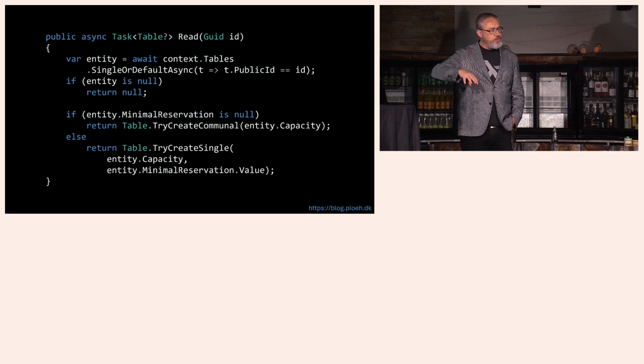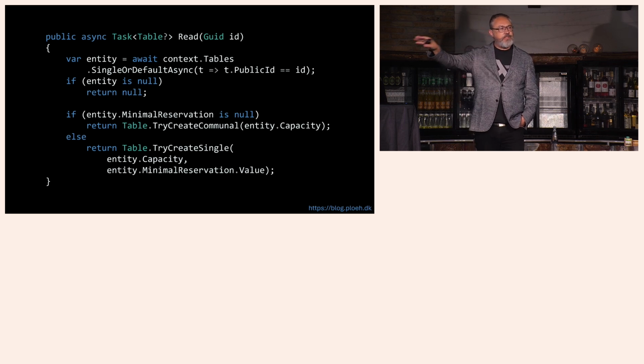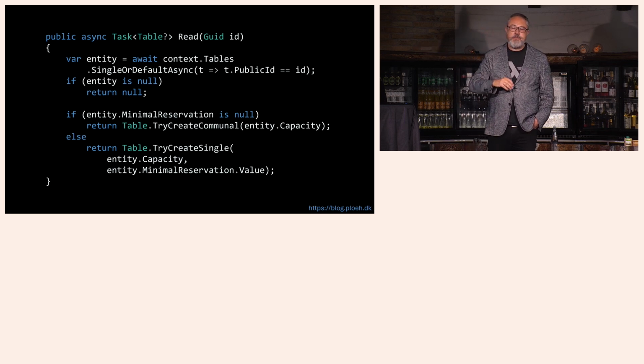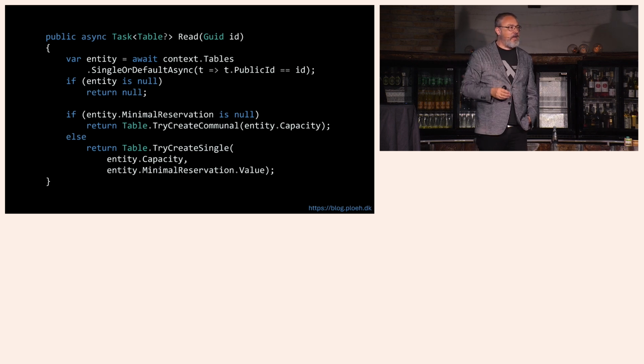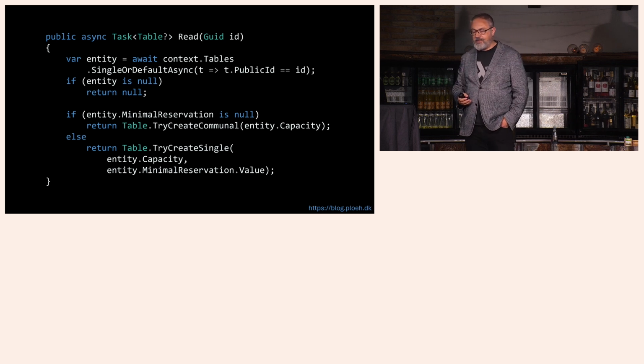I'm not going to do a detailed walkthrough of the code, but basically at the top of it, before that blank line, we have our object relational mapper in action, where we just say, please go and query the tables table. That's a little confusing, I know, but the restaurant tables database table. Go and query that one, get that ID if it exists. If it doesn't exist, we'll have to return null because the row may not be in the database. That's fine.